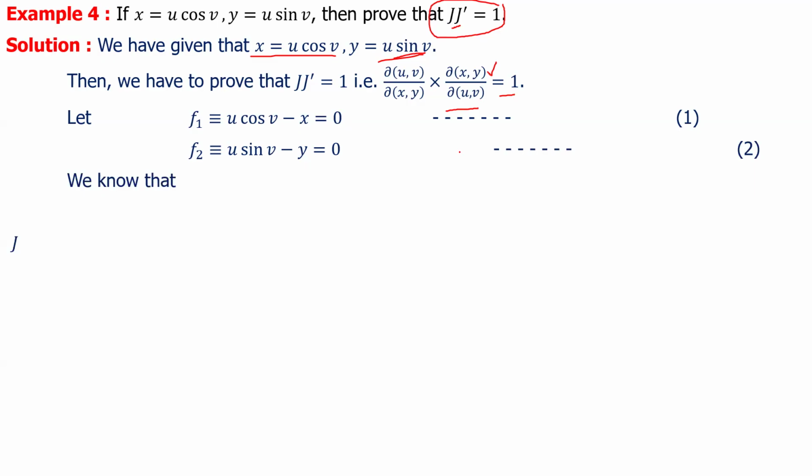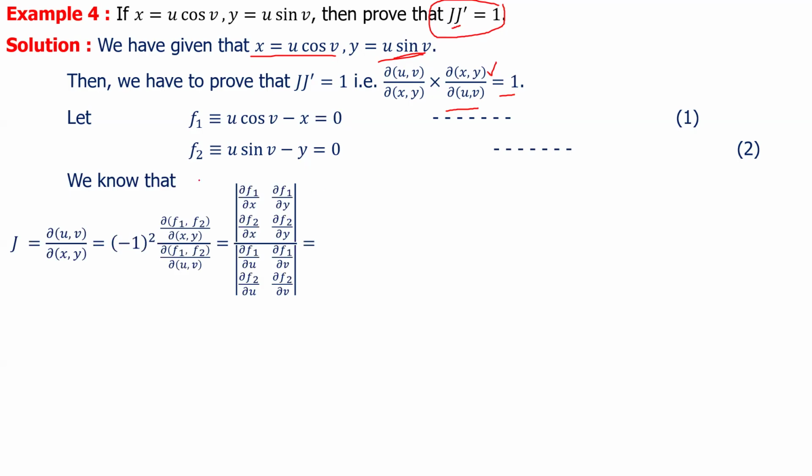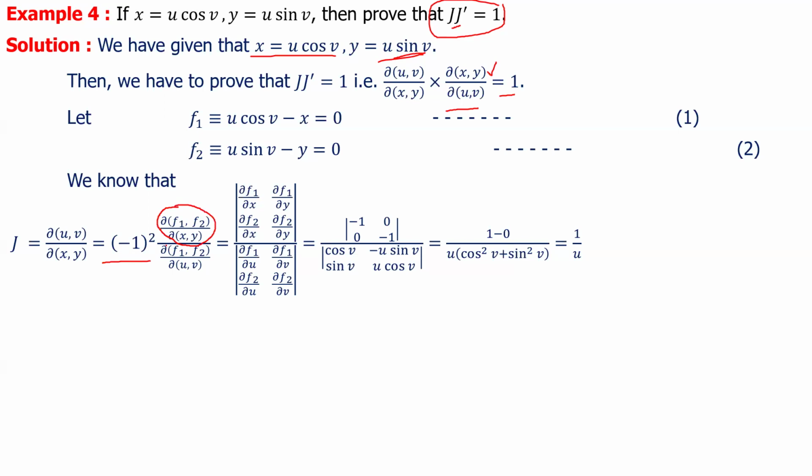Now we know that Jacobian of u, v with respect to x, y is equal to minus 1 to the power 2, into Jacobian of f1, f2 with respect to x, y, whole divided by Jacobian of f1, f2 with respect to u, v. Now, minus 1 to the power 2 is plus, so the negative sign is removed and this is a positive value.